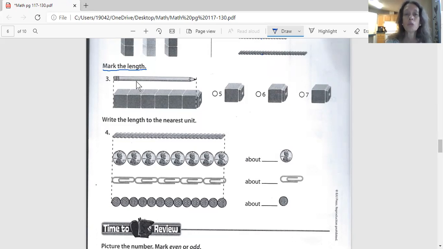This is using cubes to measure. So you're going to count the cubes. 1, 2. You count these cubes, and you're going to tell me how long this pencil is. If you think the pencil is 5 cubes long, color this one. If you think the pencil is 6 cubes long, color this one. And if you think the pencil is 7 cubes long, color this one.